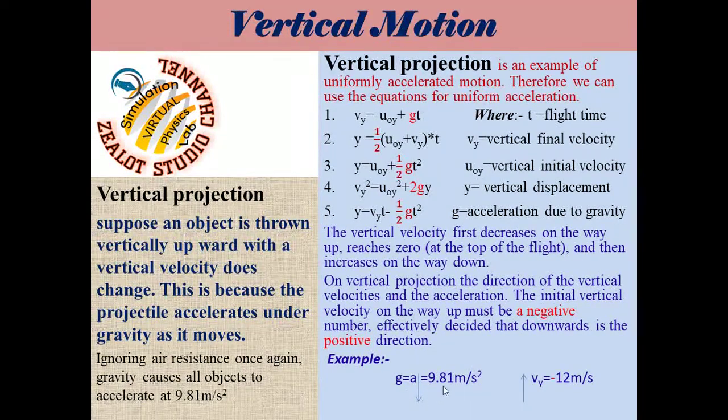In the case of gravity, when the object moves upward, the velocity magnitude is decreasing, which indicates negative with gravity, and effectively we decide that downward is positive when the object is moving downward with gravity g, accelerating by g.